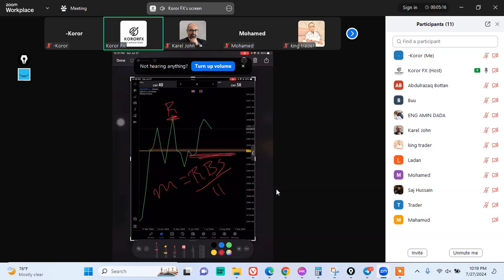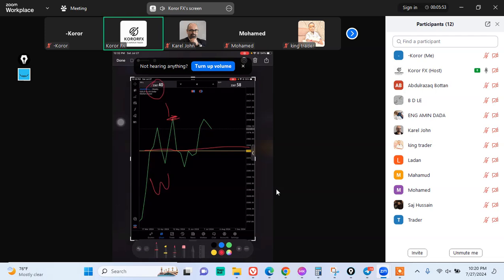So we always aim at support to do what? Buy. We aim here to buy. Price is coming from this resistance to a support level, which is below the monthly line. You can see we have a monthly line. When we want refinement for the monthly level, we go one time frame lower, which is the weekly time frame.